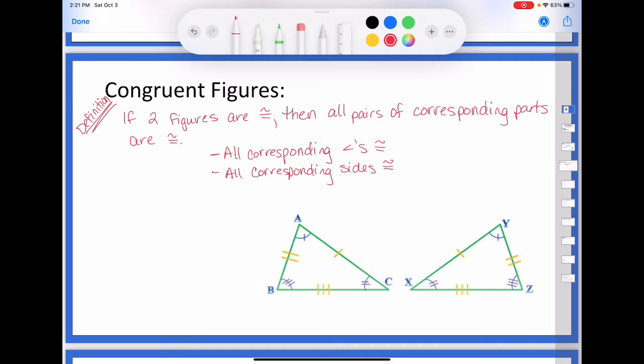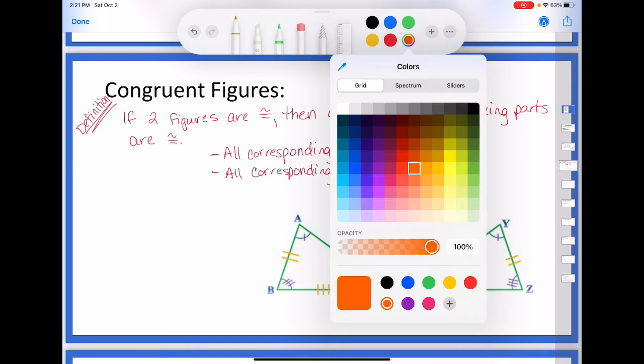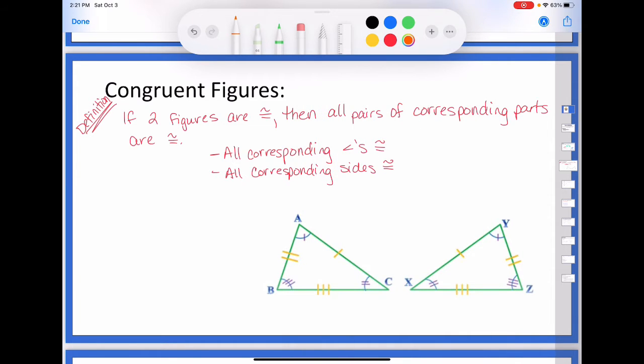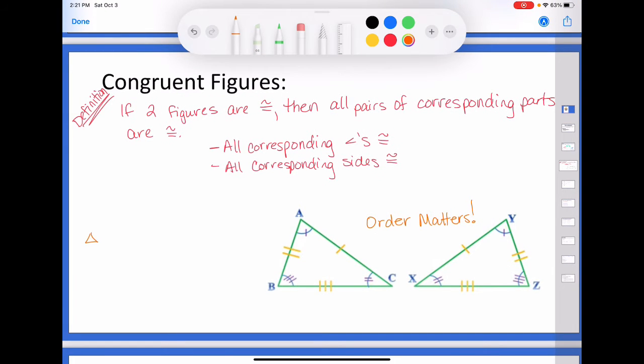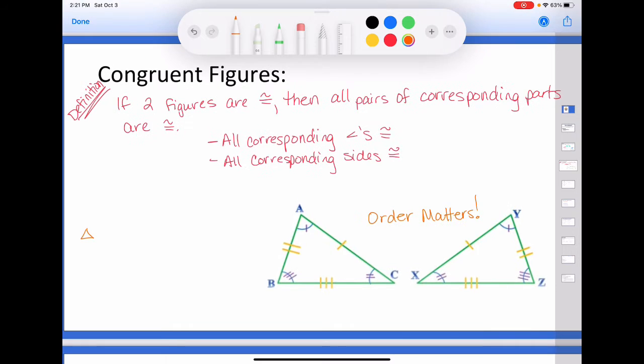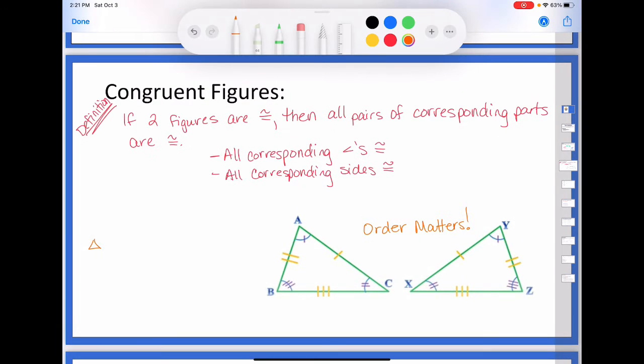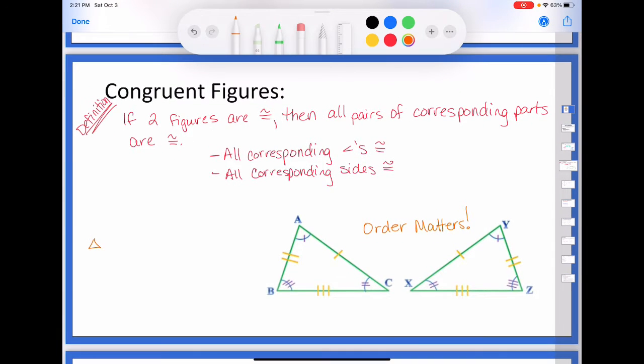Now, when we write down triangles are congruent, order matters. Okay, order matters. So if I was going to write down, hey, these two triangles are congruent, I see that all their corresponding parts are congruent, I have to be very careful about the order that I write the letters in.